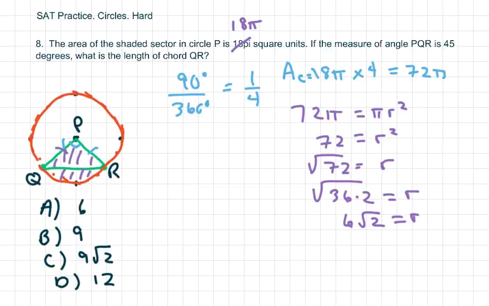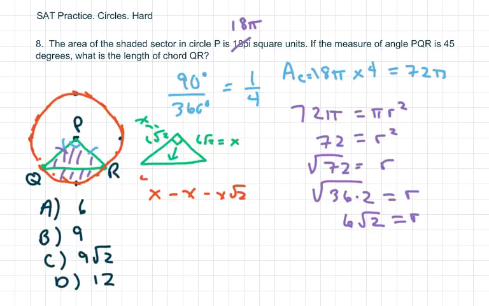Now, since we see the square root of 2 here, you know when you have a 45, 45, 90. If this is 6 square root of 2, and this is 6 square root of 2, remember the side across is, this is your x. We're looking at your x square root of 2.